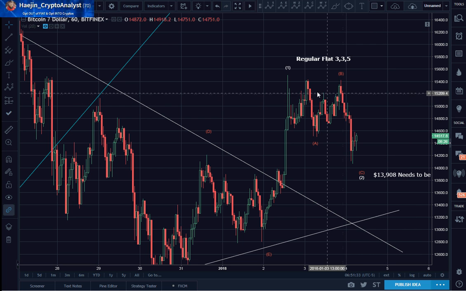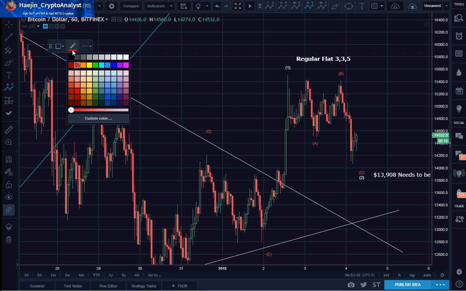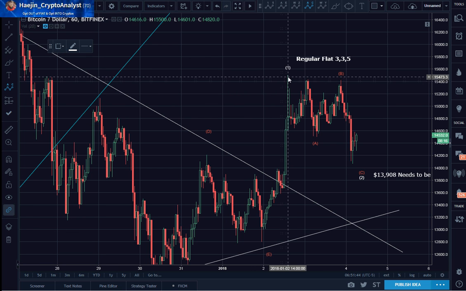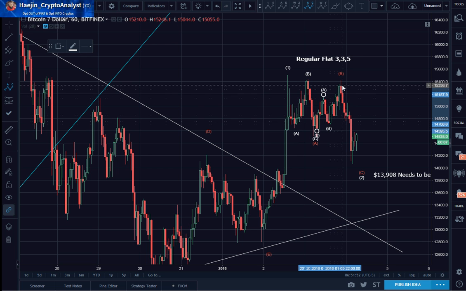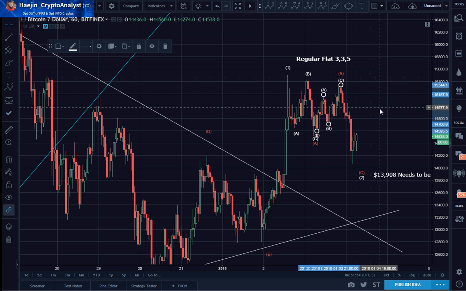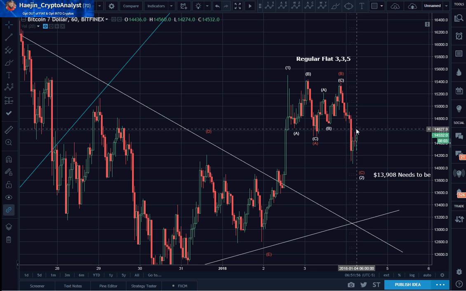Now, A has 3 subwaves, A, B, C. B has 3 subwaves, A, B, C, as you can see. A, B, C for A, A, B, C for B. C wave, however, always has 5 subwaves.